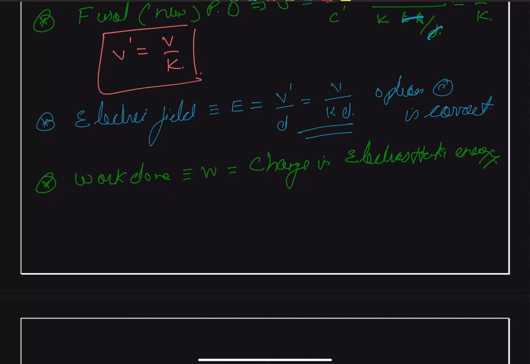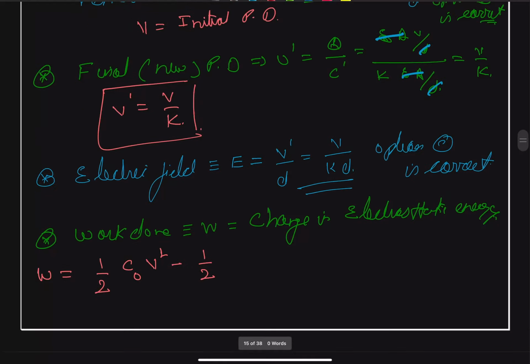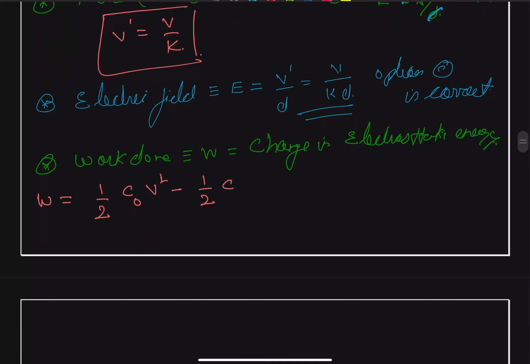So we substitute the values, and we get W will be equal to one by two C naught V square minus, and the final was C prime and V prime square.